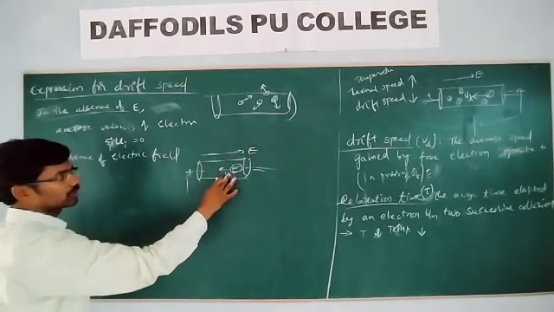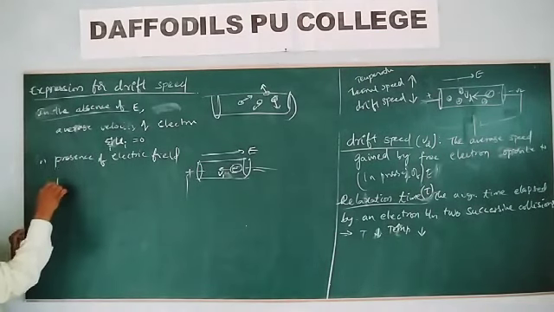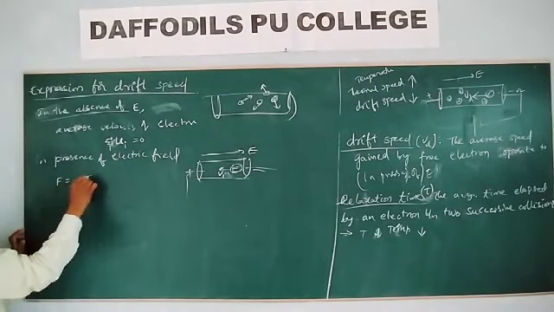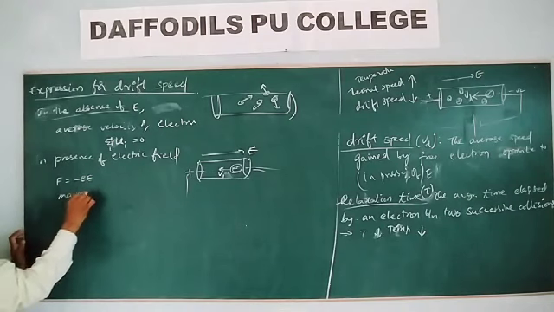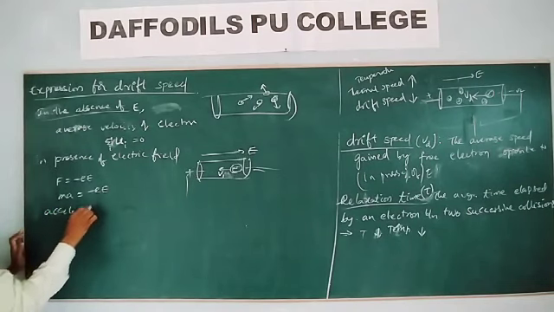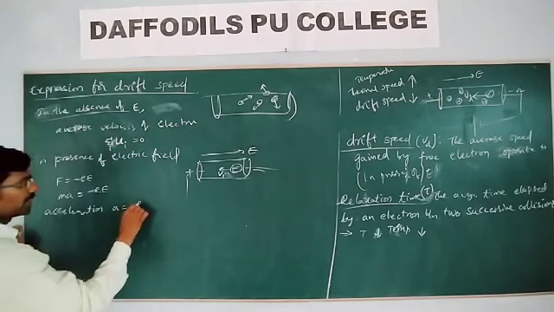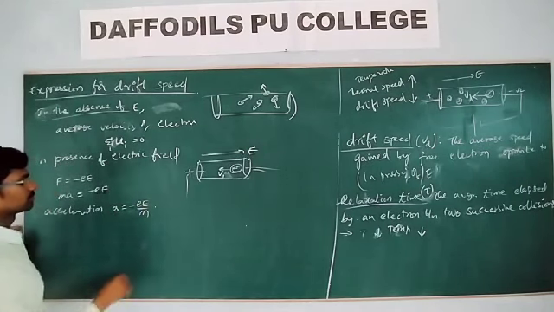After applying the electric field, it gains some velocity. The force acting on it is equal to minus eE. Then m a is equal to minus eE. So the acceleration of this electron is a equal to minus eE by m.